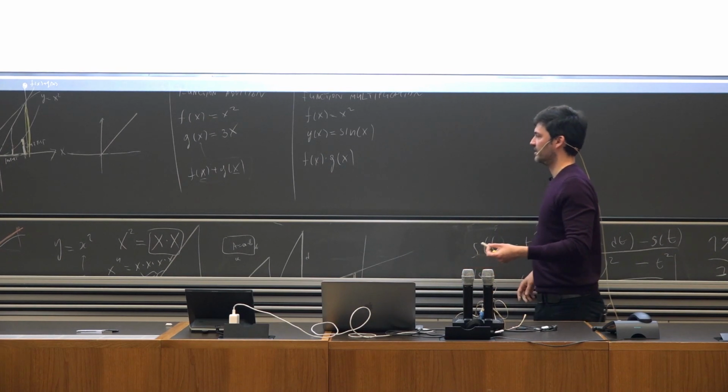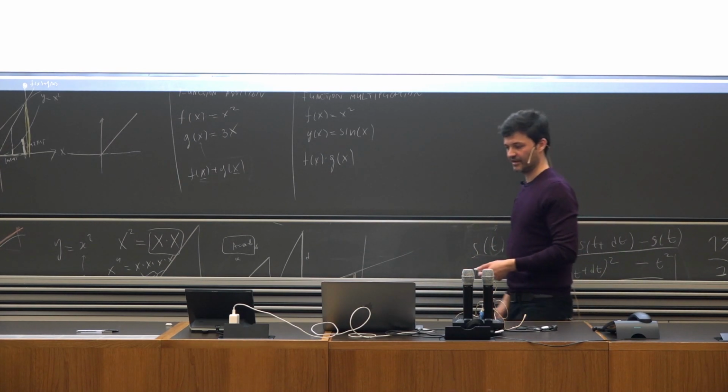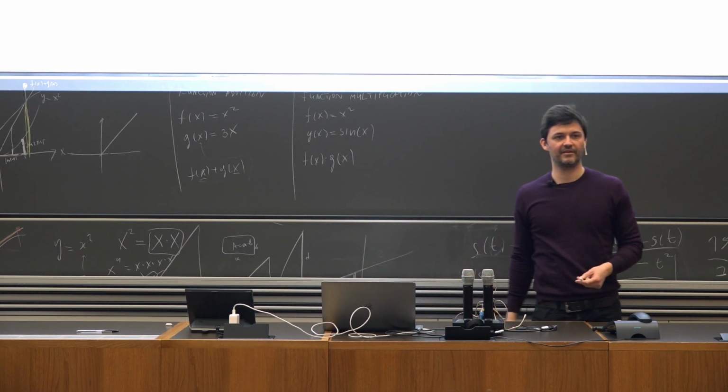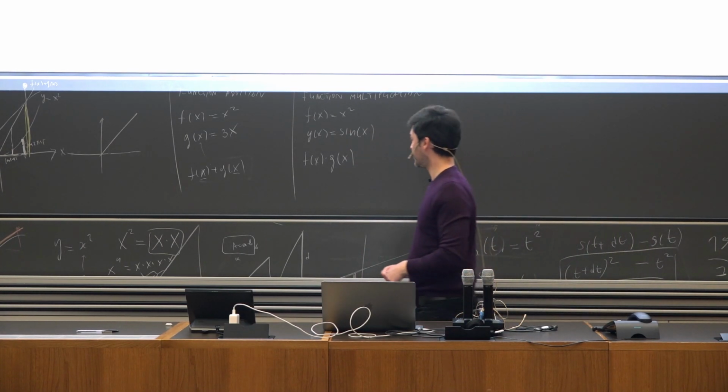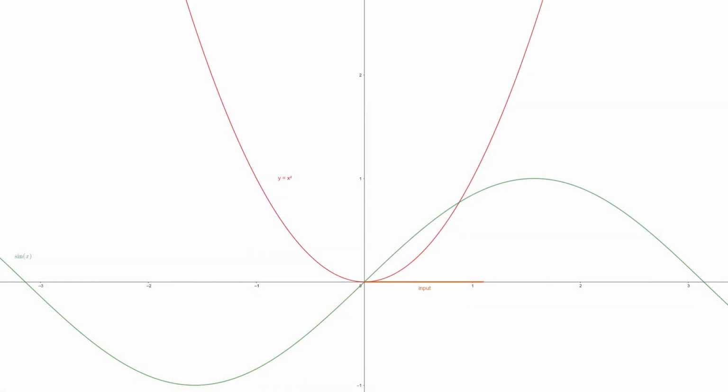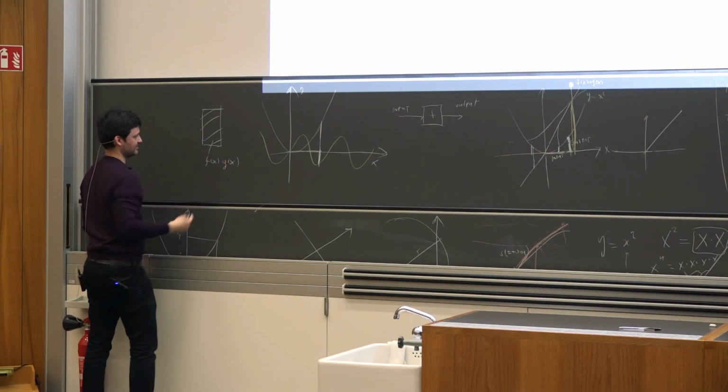As I showed you in the geometrical perspective on derivatives, we can think about multiplication as what? As an area. So let's imagine we have two functions, one is x squared and one is sine of x. For the same input, for example x, whatever it is, this is the output of the first one, and this is the output of the second one. And this area is f of x times g of x.